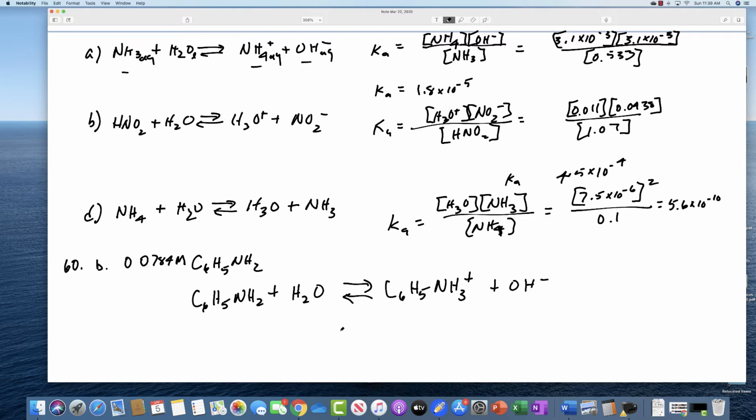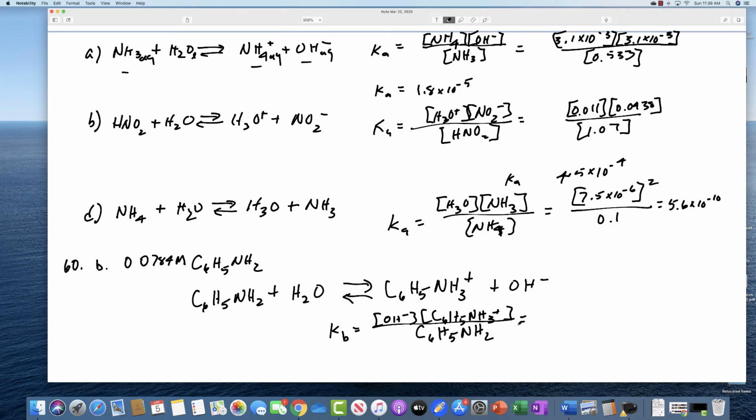And so the Kb in this case is going to be the OH concentration times the concentration of C6H5NH3 plus divided by the C6H5NH2.